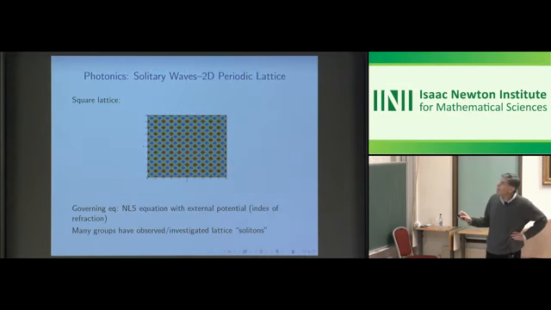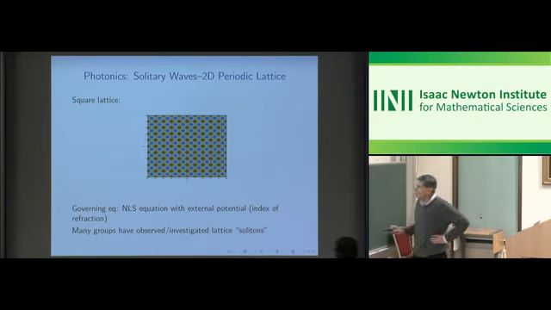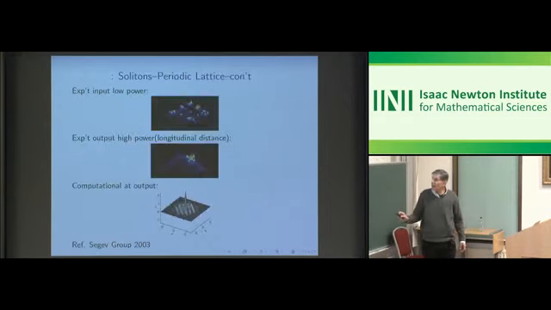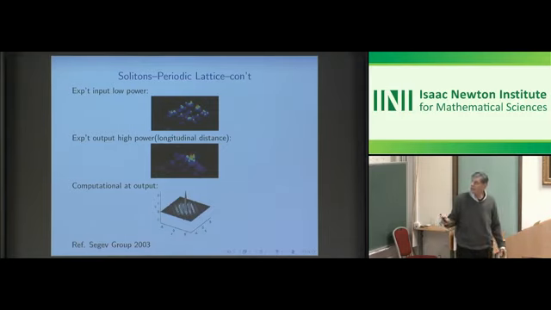Then they looked at a square lattice. Blue is high index of refraction, red is low. The governing equation is nonlinear Schrödinger with an external potential, the index of refraction, that tells you about this high-low structure. And they found what they called lattice solitons.